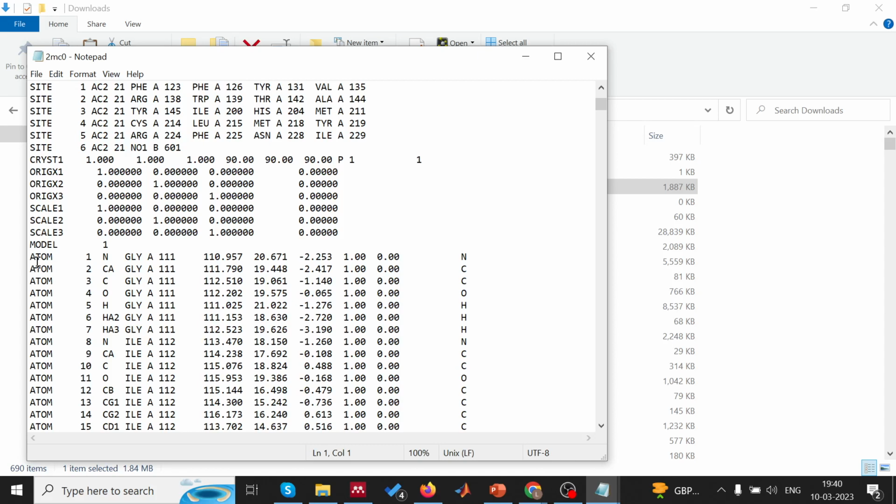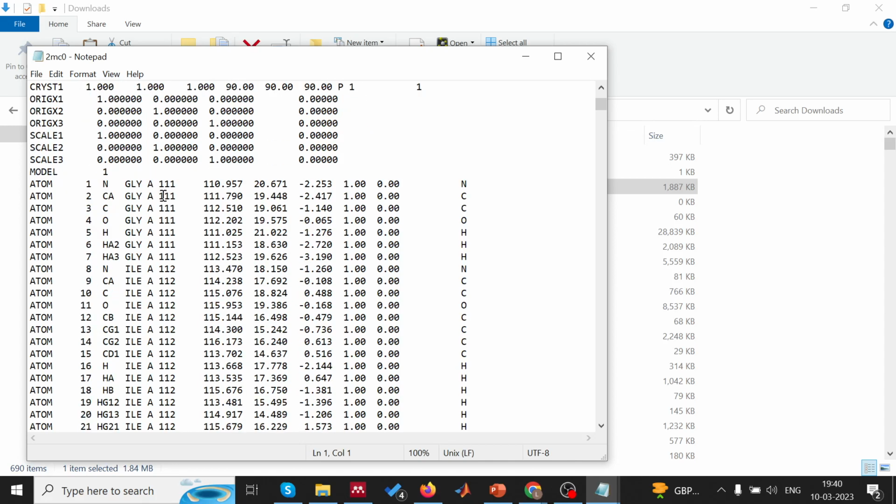ATOM or HETATM is the first column, followed by the residue number, followed by the atom name, and you have the residue name, three-letter code, followed by which chain it is in, so chain A, and then within that you might have the numbering based on how the author gave the numbering of residues.